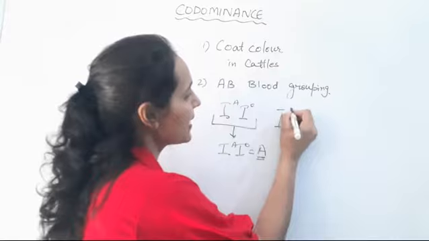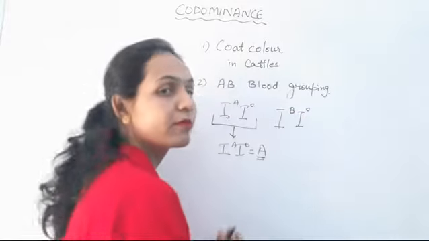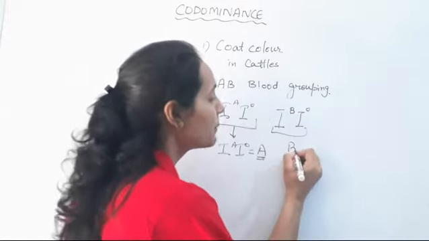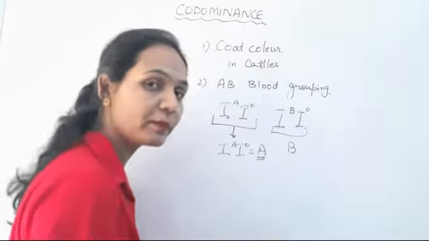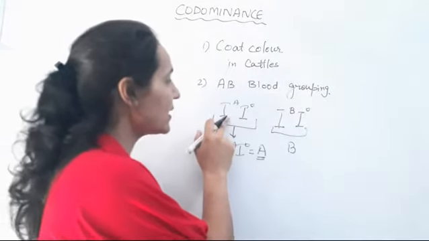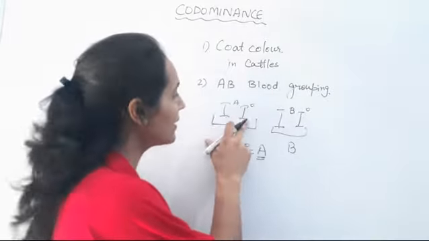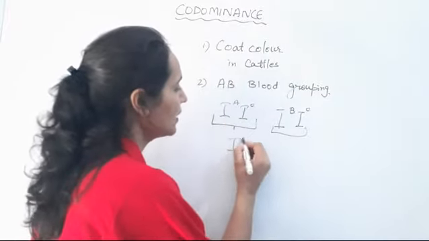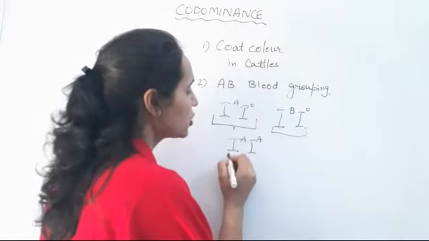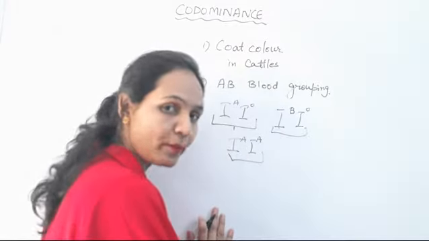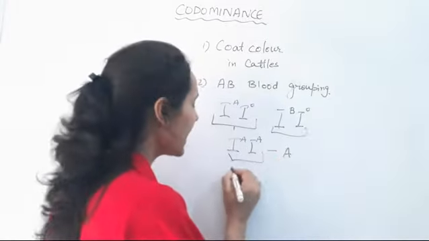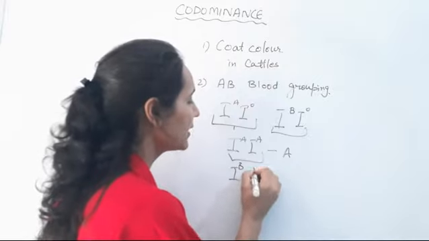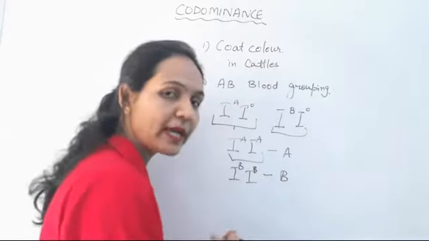Suppose if this is the case, then the blood group will be B. So here one allele is dominant, the other one is recessive. If we take the example of IA IA, here both the alleles are dominant, so the blood group will be A, and in this case also both the alleles are dominant, the blood group will be B.